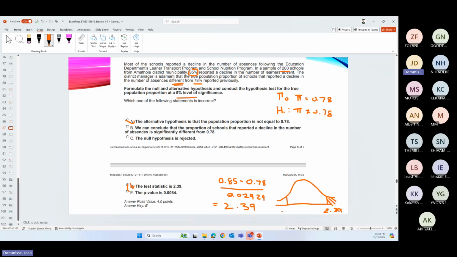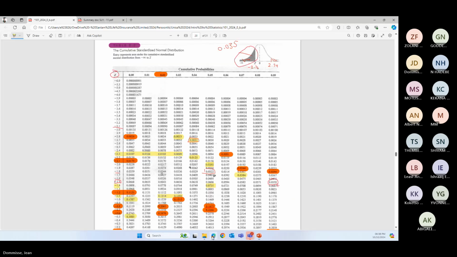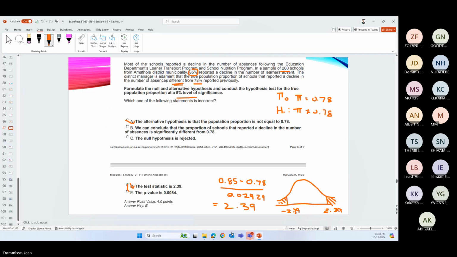It's the same on this side, so I can go to the negative table rather, minus 2,39, so there it is, 0,0084, but remember that is only for that area.